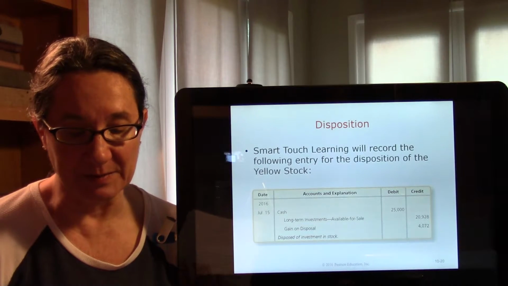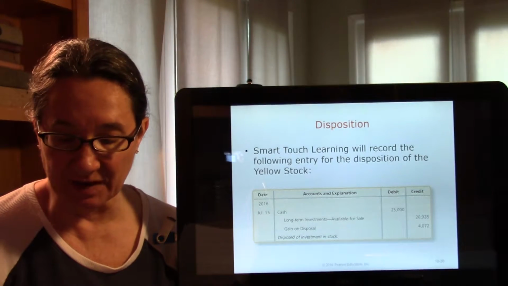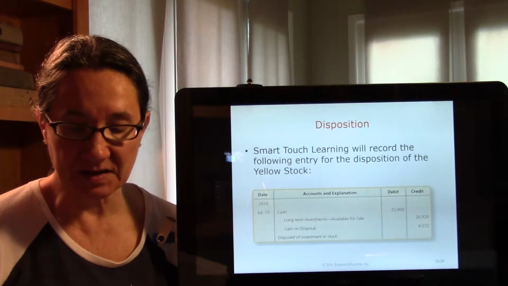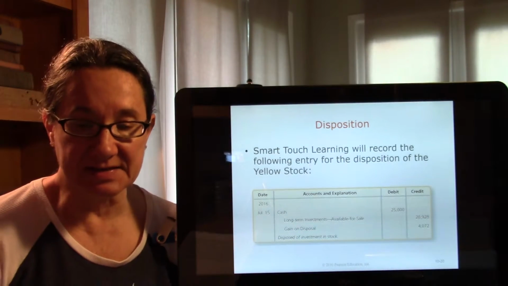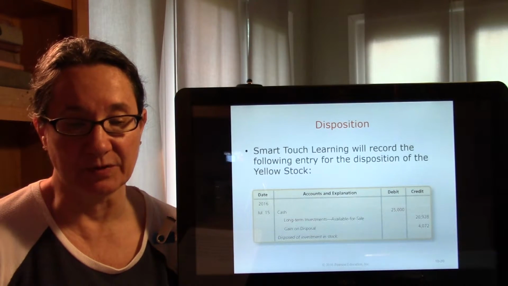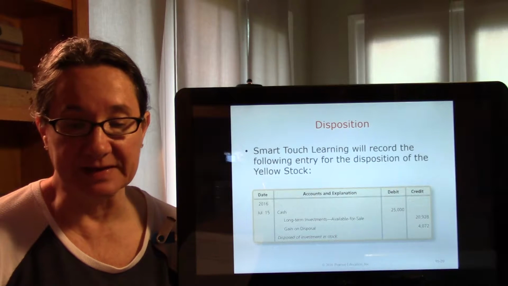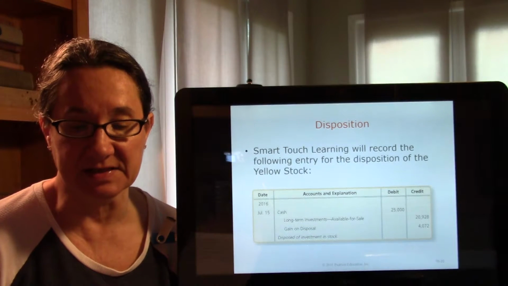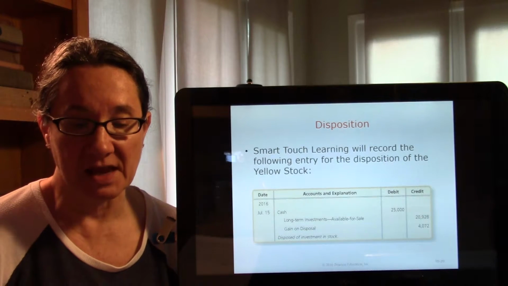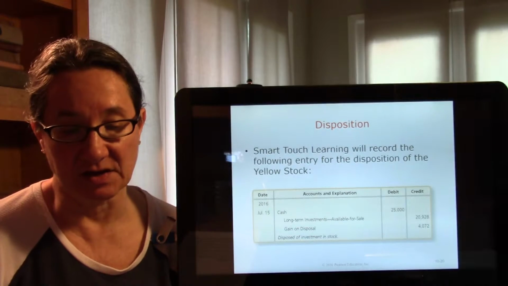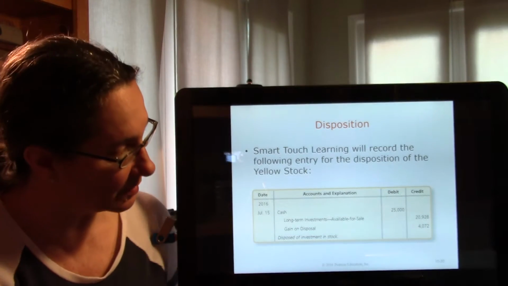A credit will be made to long-term investments available for sale for $20,928. To get the journal entry to balance, a gain must be recorded to gain on disposal. Remember that gain on disposal is a temporary equity account and is reported in the other revenues and expenses section of the income statement. If the company had sold the stock at a loss, the account loss on disposal would be recorded as a debit.